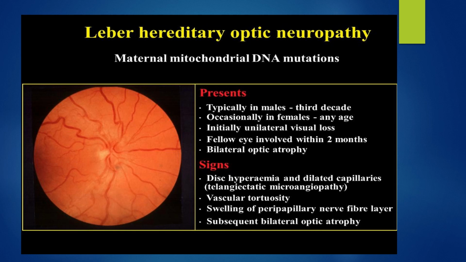It usually presents typically in males in the third decade of their life, occasionally in females at any age. It usually starts initially with unilateral visual loss, and the fellow eye follows within a couple of months. There is also bilateral optic atrophy.